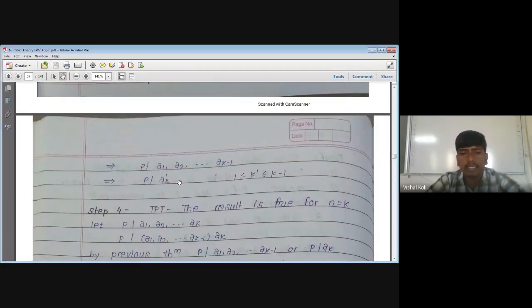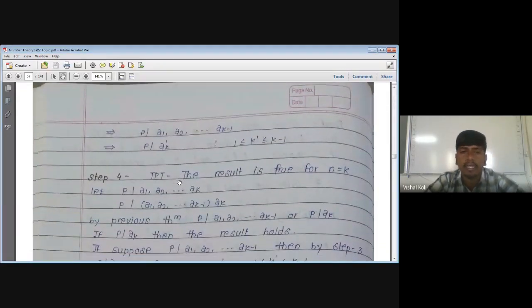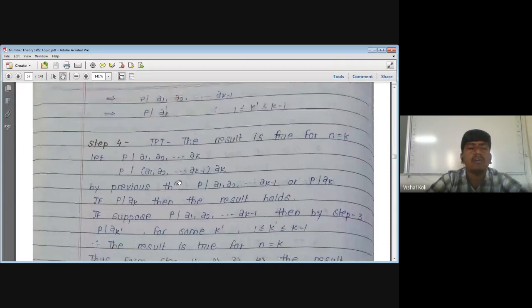Let us consider P divides A1 into A2 into up to Ak. Now, this product A1 into A2 into up to Ak is an integer. Therefore, P divides A1 into A2 into up to A(k minus 1) into Ak. As A1, A2 up to A(k minus 1) are all integers, their product must be an integer.